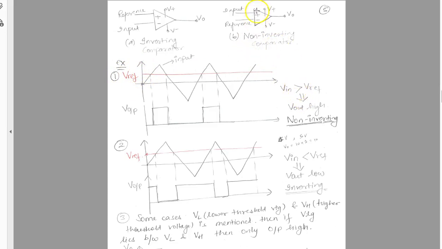This circuit belongs to this particular waveform, and it says if your input voltage is greater than V reference, then your output is going to be high. As you can see here, this is my reference voltage. Any voltage which goes above this point, that's my input.